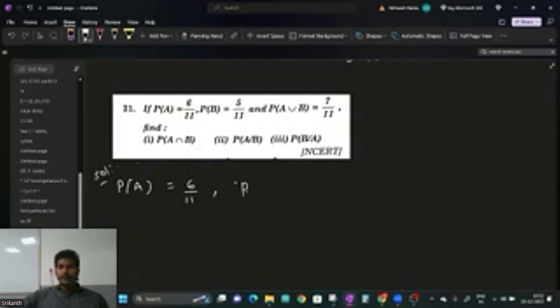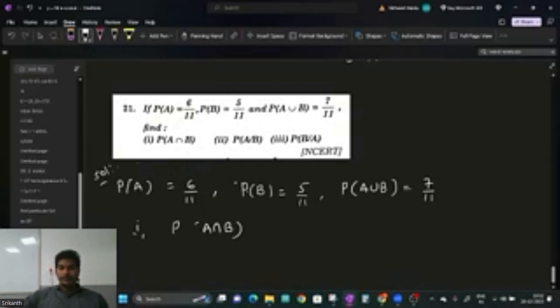P of B is 5 by 11. P of A union B is 7 out of 11. And the first thing, P of A intersection B, equal to.